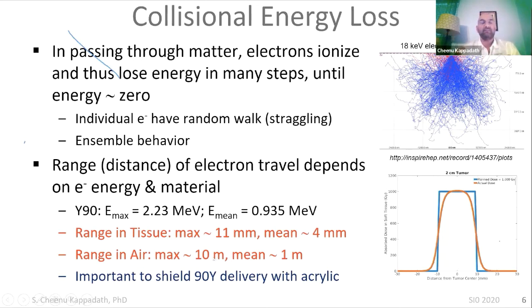From a practice point of view, when you're in the IR suite delivering radiation, as long as the activity is within the acrylic shield, you're fine. But when you start administering and it starts moving through the tube and exiting the box and then going into the patient, it is at that location, that transit time, where you can be exposed to high levels of electrons. So it is important to use an acrylic shield so you can protect yourself.